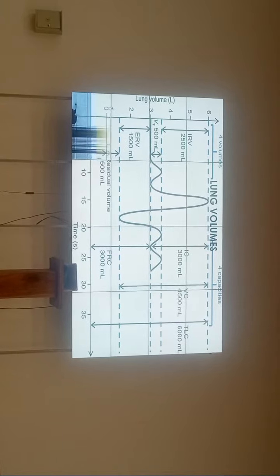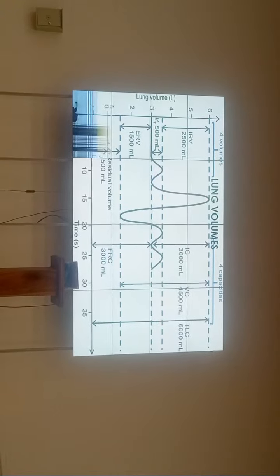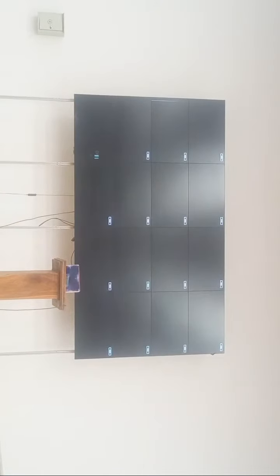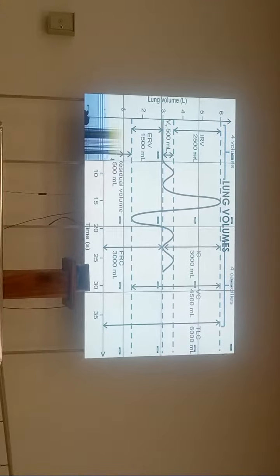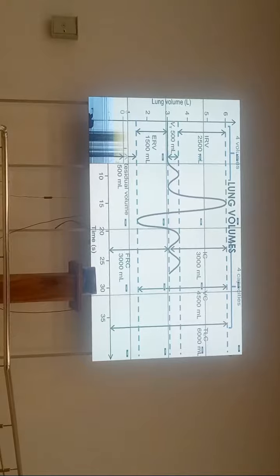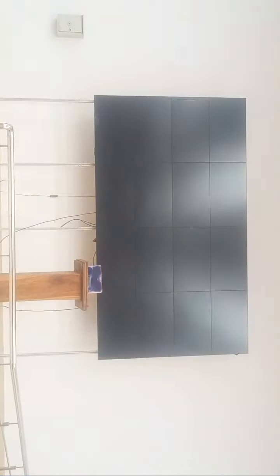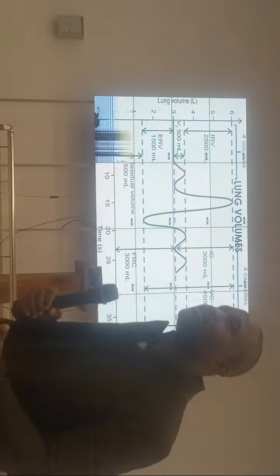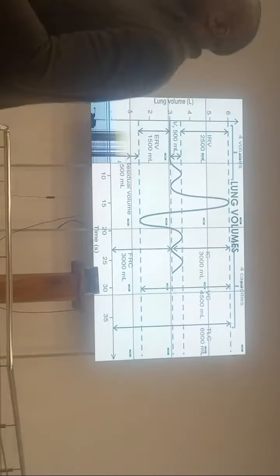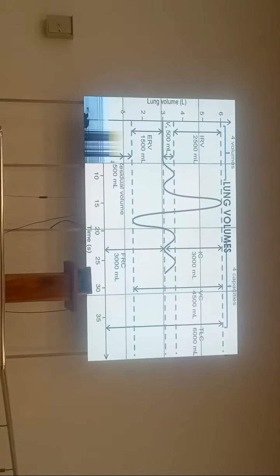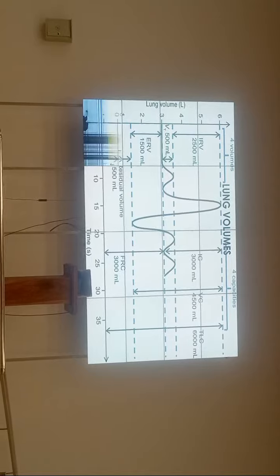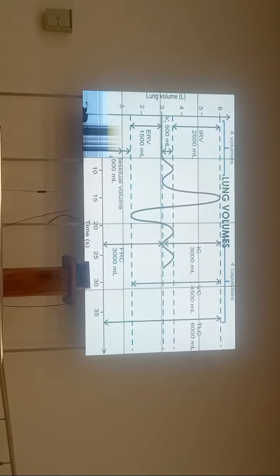And remember we said the lungs should not collapse. If they collapse, they won't open for you to have more air. Depending on the book you read, residual volume is around 1,200. Expiratory reserve volume is around 1,200, depending on the book you read. Different books have different numbers.